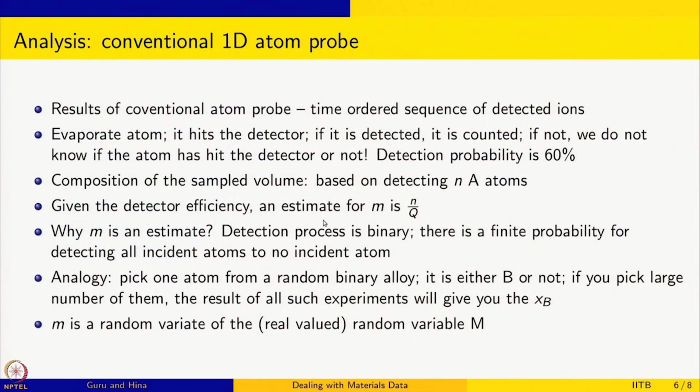So, m is a random variate because it is not one number, so it has a variation, and it is real valued because it is after all the number of atoms. Let us say that the random variable that describes this, the distribution from which this is supposed to be a random variate, let us call it capital M. Remember, our idea is that experiments actually give you sampling of a probability distribution.